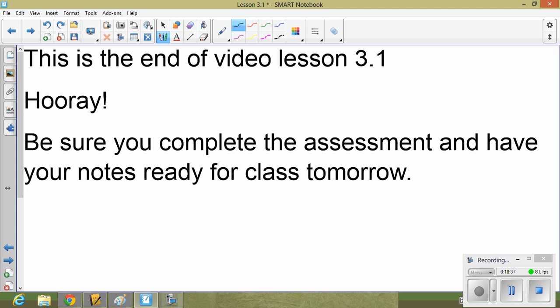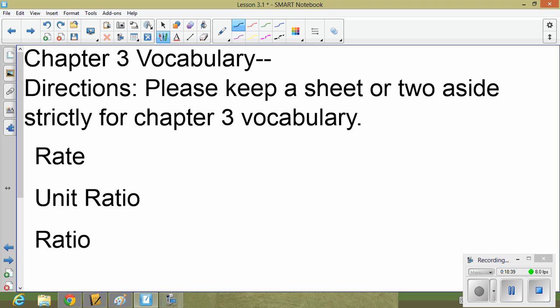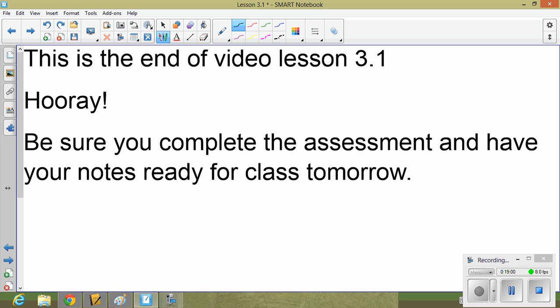And the vocab that you should have for this lesson is rate, unit rate or unit ratio, and the word ratio. Have all these ready for tomorrow's discussion. And some of you, if not all of you, should have these 3 words already defined from class the other day. All right, great work, guys. Be sure you complete your assessment and have your notes ready.